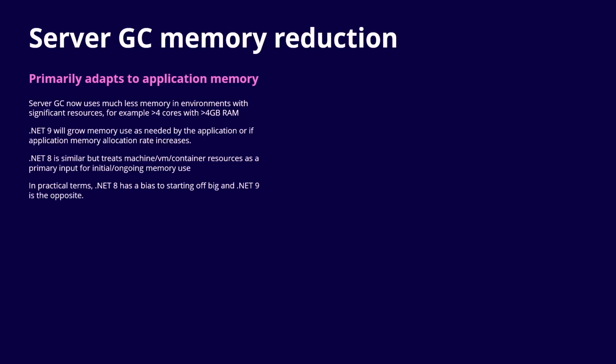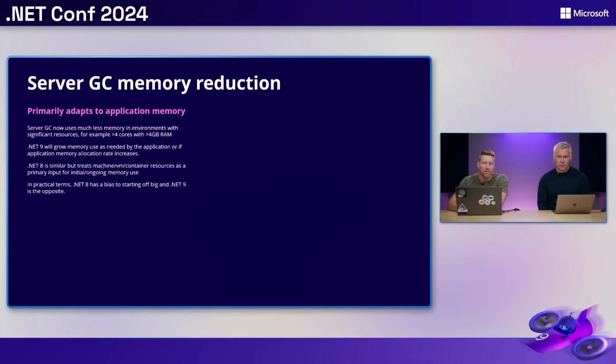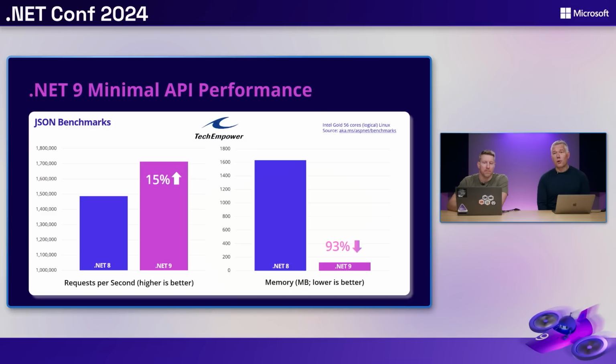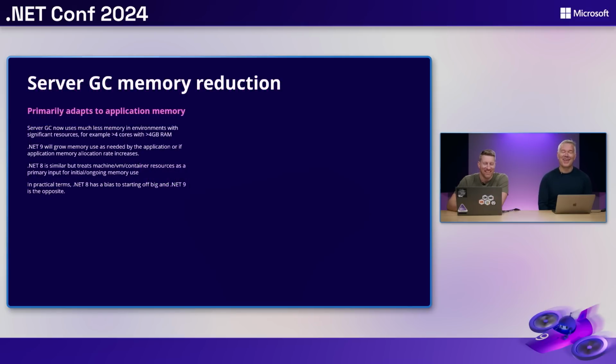We made major changes in the server GC this time around. In this release, we focused on memory reduction. In most prior releases with server GC, we focused on improving throughput.